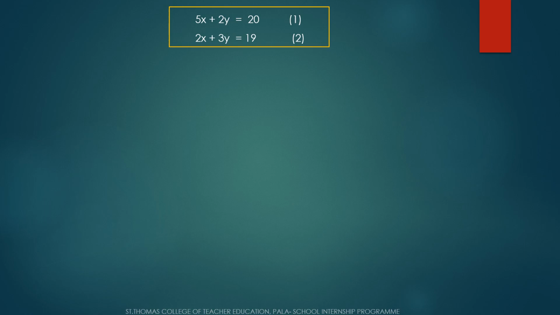Look at the coefficient of x very carefully. Here the coefficients of x are 5 and 2. Now try to change one of these into either 2 or 5. What I am saying is, let's try to change equation number 1 so that the coefficient of x becomes 2. Let's try, okay.